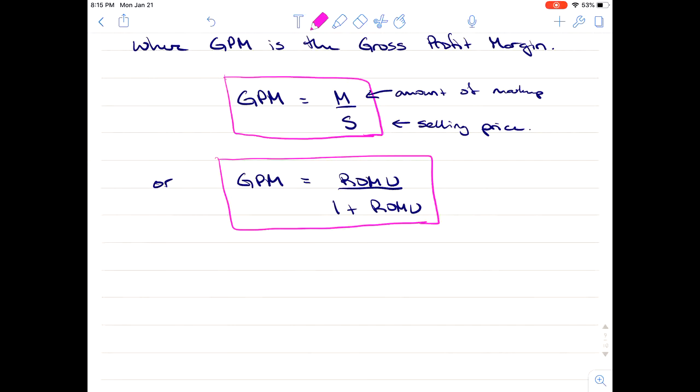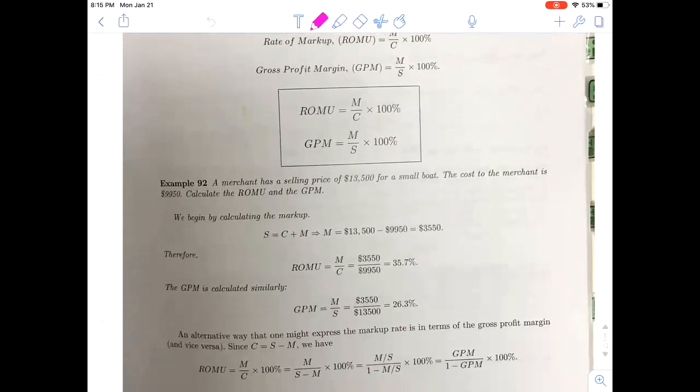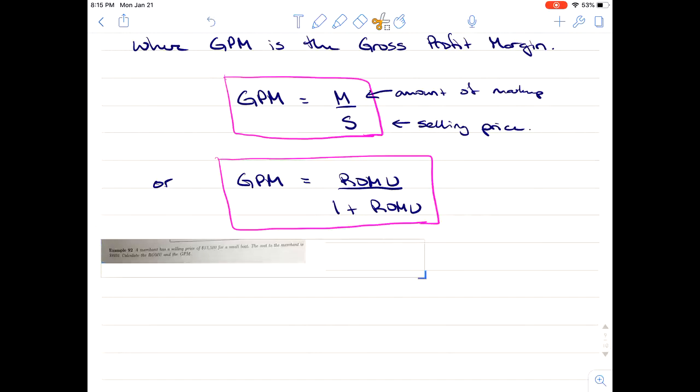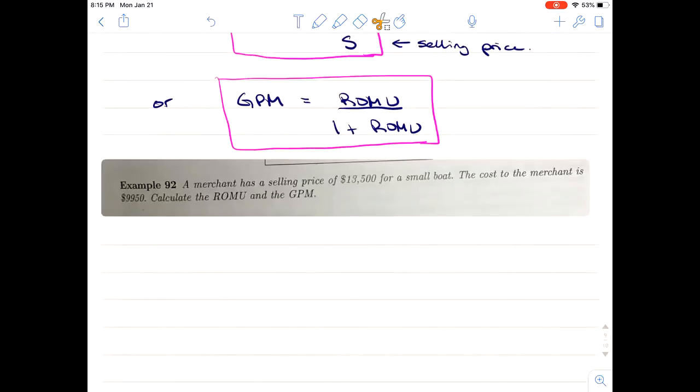Let's do a quick example of this, and then we can do markdowns, which is the rest of the section, next day. Example 92. A merchant has a selling price of $13,500 for a small boat. The cost to the merchant is $9,950.